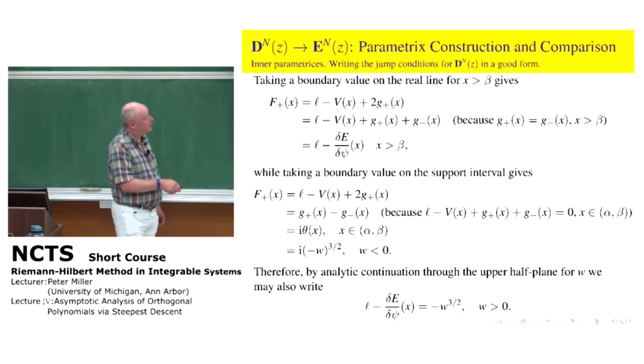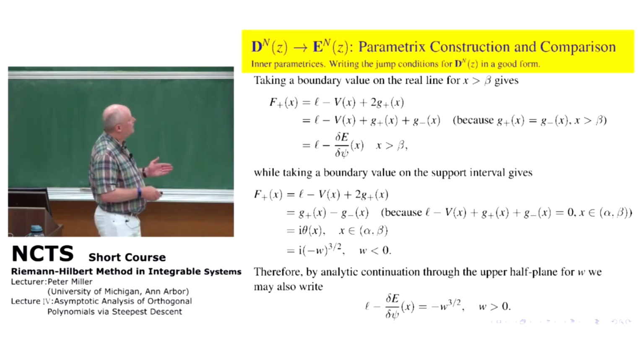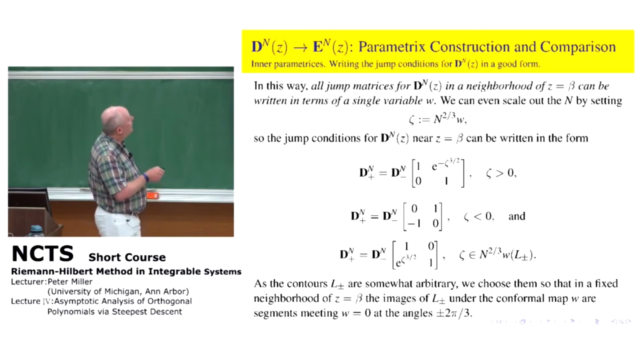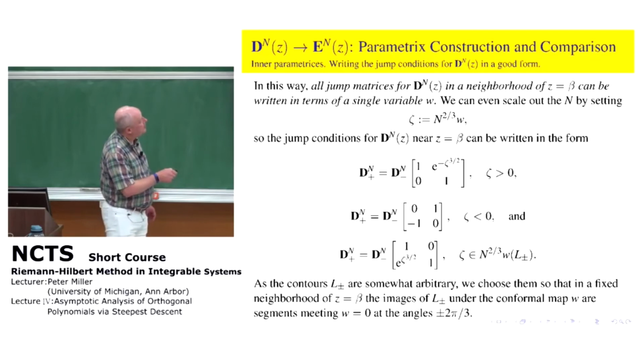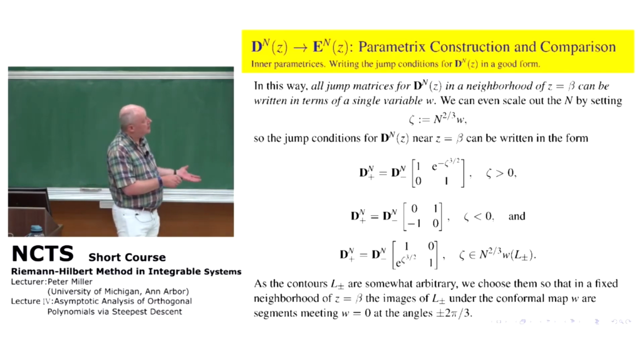So what I'm saying is all of the jump conditions have been written in terms of this conformal map w. All the jump matrices for D in a neighborhood of z equals beta have been written in terms of this variable w. And there's also an n floating around, but if you don't want to look at n, you can scale it out by setting zeta equals n to the 2/3 times w. And then the jump conditions for D_n of zeta near z equals beta can be written in the zeta plane in this way.